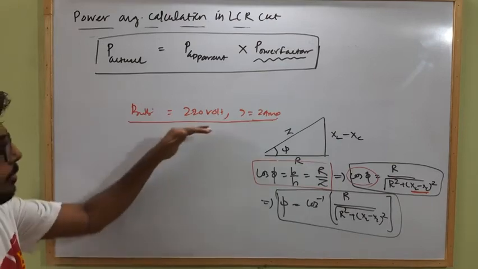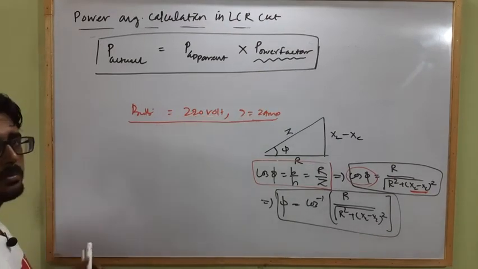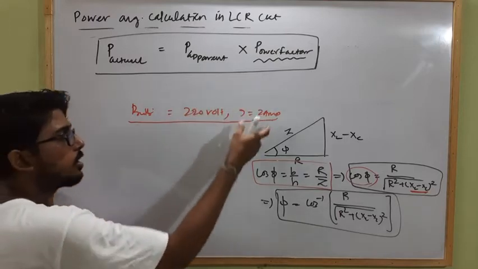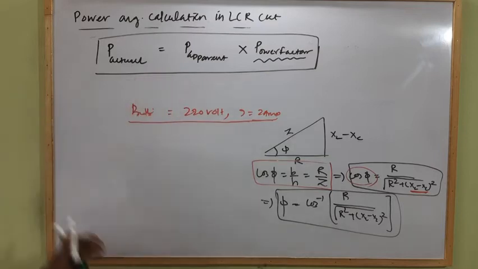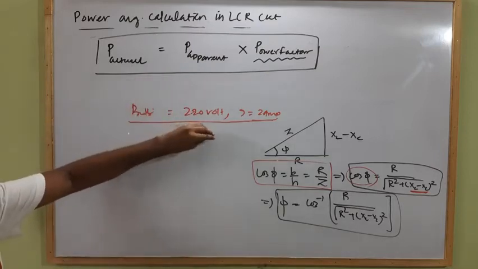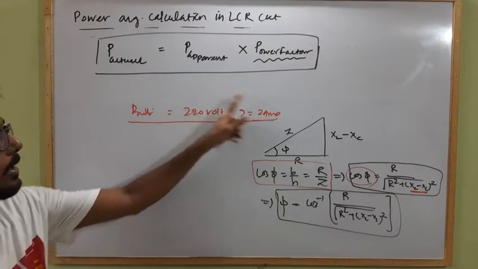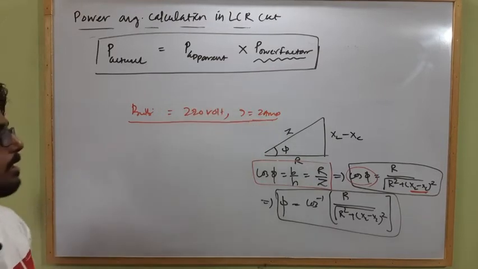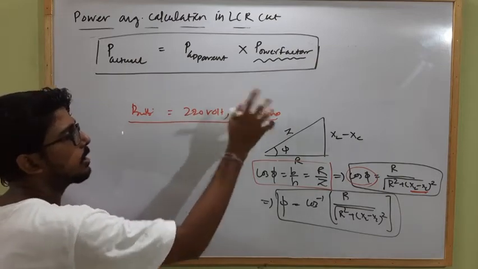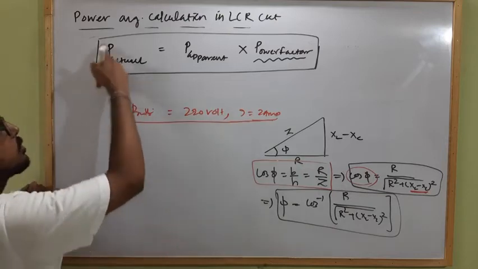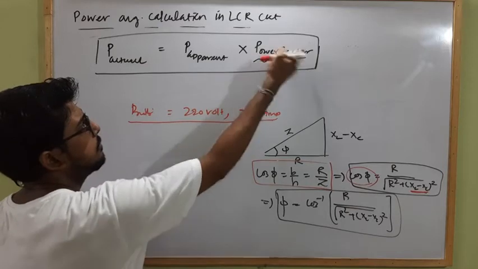So its power will be how much? 220 volt into 2, but this is the apparent power, IRMS into VRMS. Because in an AC bulb, the potential mentioned is the RMS value, and the current will be the RMS value. So what is the actual power? The actual power will be this much into power factor.